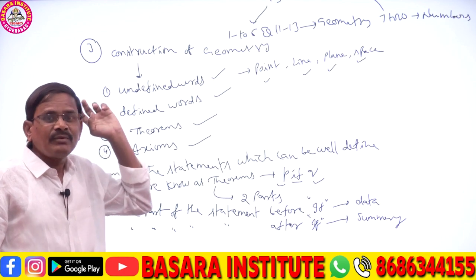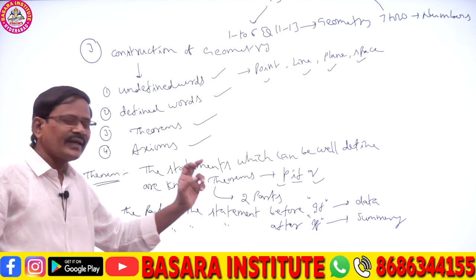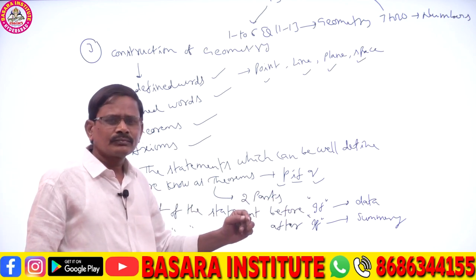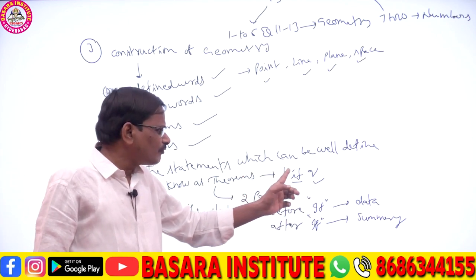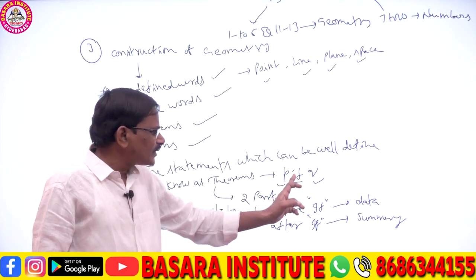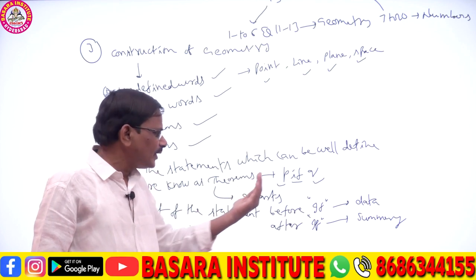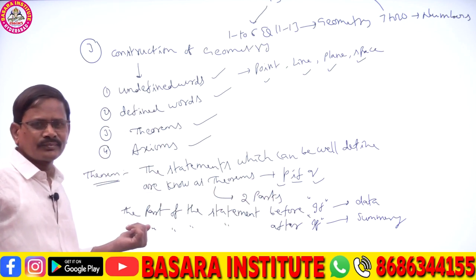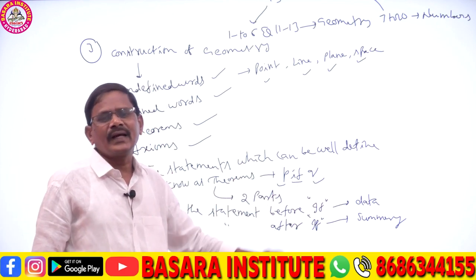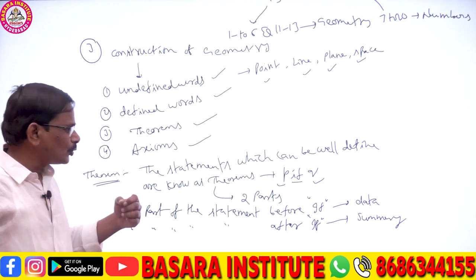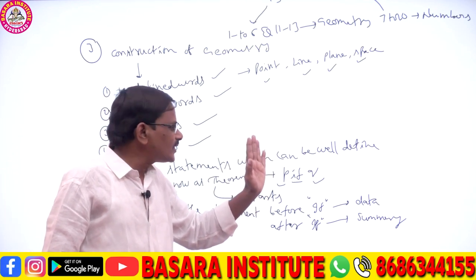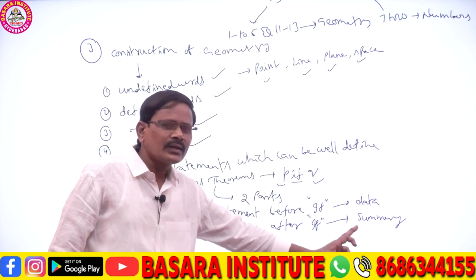Every theorem is of the form P if Q, which means every theorem has two parts. The first part is P, the part of the statement before if, named as hypothesis or simply data. The second part is Q, the part of the statement after if, known as abstract or summary.